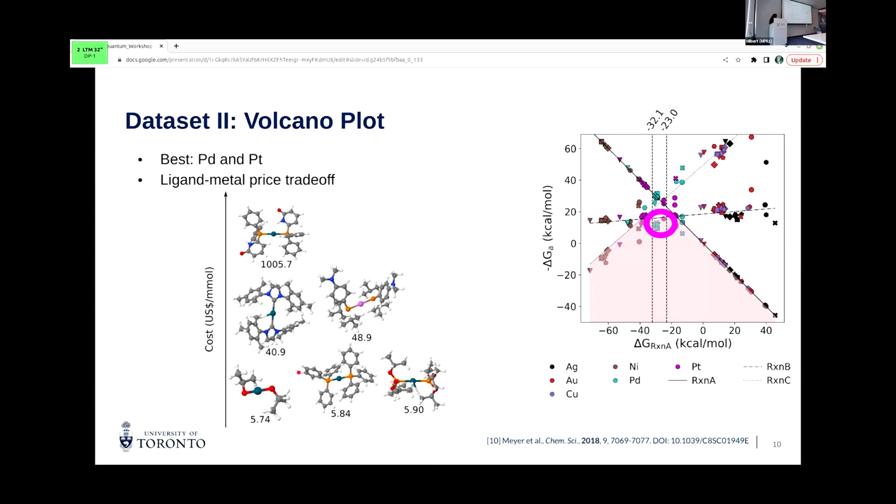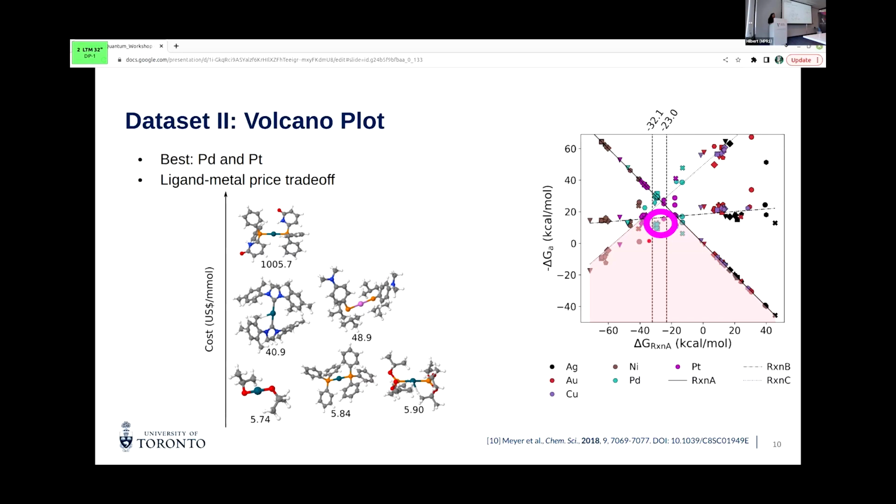So 5 of them are palladium, and this one here is platinum. However, if we take a look at the regions that our Hammett plus delta machine learning predicts, then we would also have this one here and this one here that are nickel-based, that are right at the border.